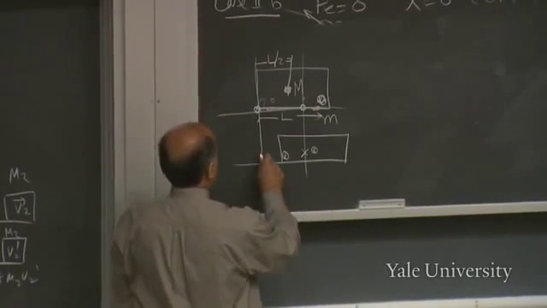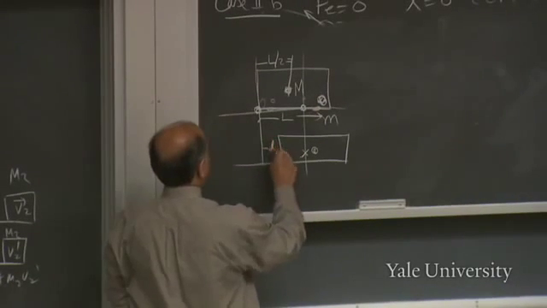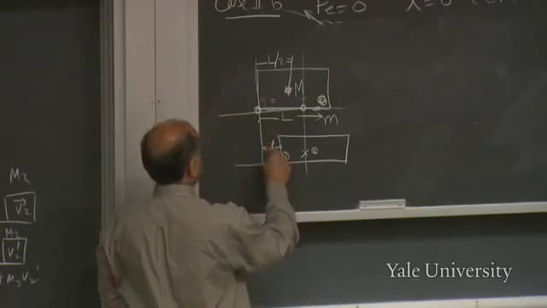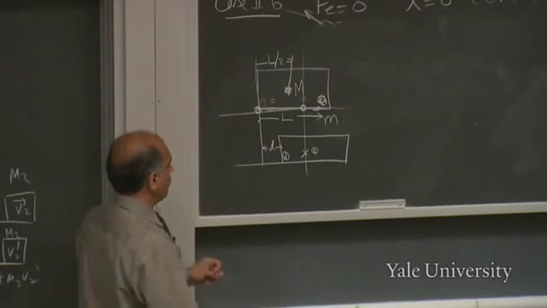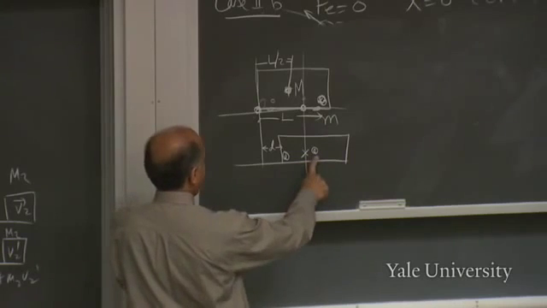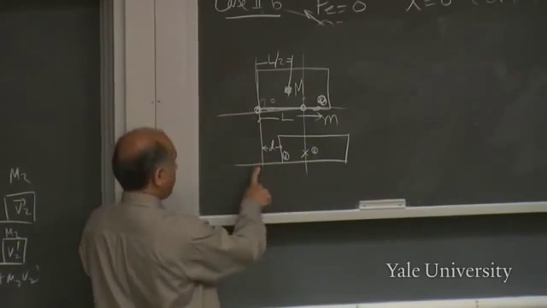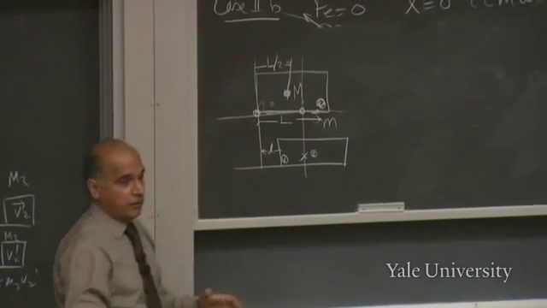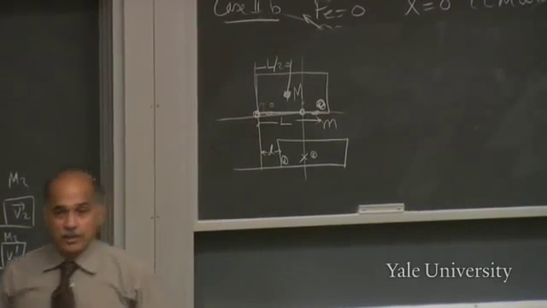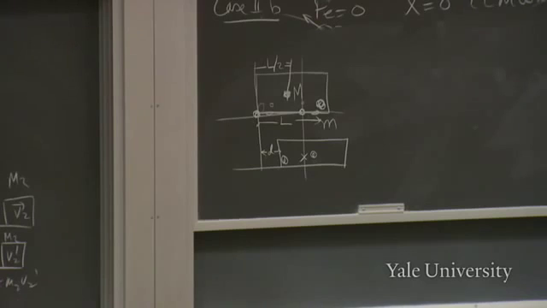At the end of the day, let us say it has moved an unknown distance d, which is what you're trying to calculate. Recompute the center of mass. When you do that, remember that the center of the carriage is L over 2 plus d from this origin. The horse is at the distance d from the origin. Equate the centers of mass, and you will get an equation where the only unknown will be d.